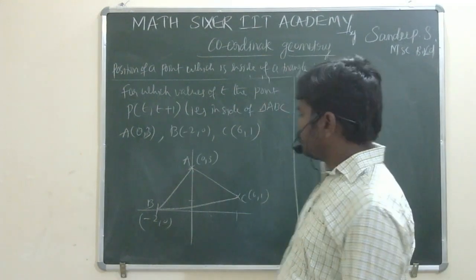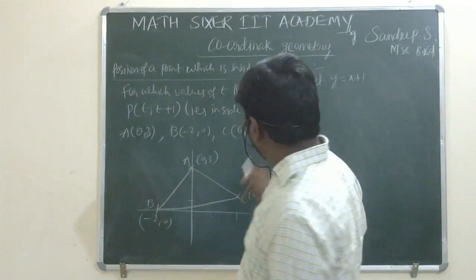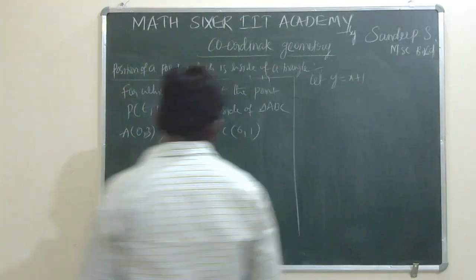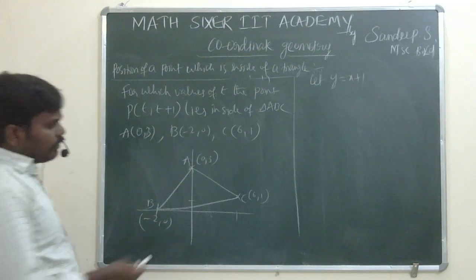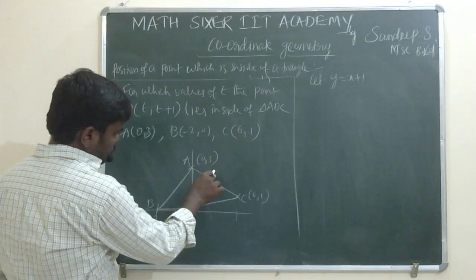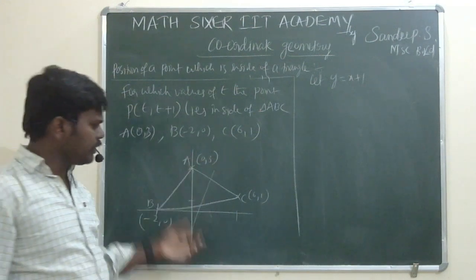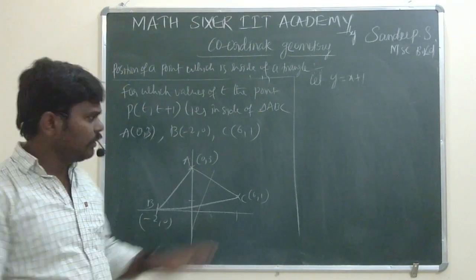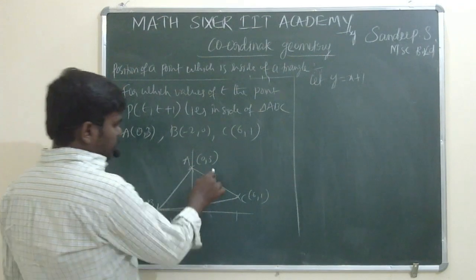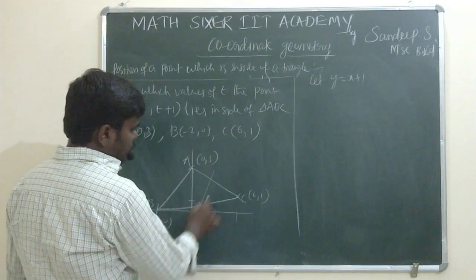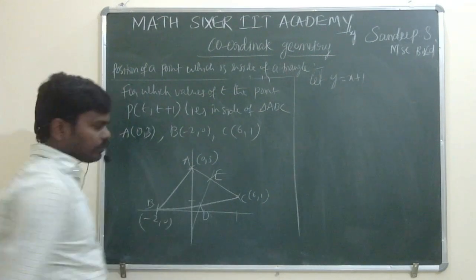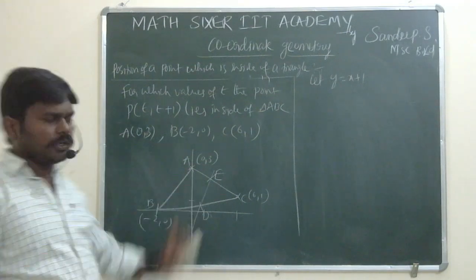Okay, so when you take that equation and draw that line, it will intersect two sides, either these sides or these sides, whichever sides we draw. Here we can take this as D and this as E. If you draw anywhere you will get the answer, no problem.